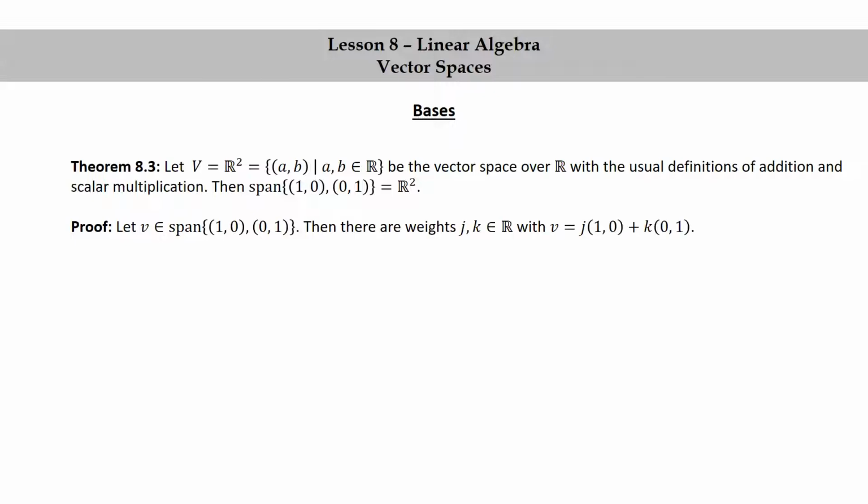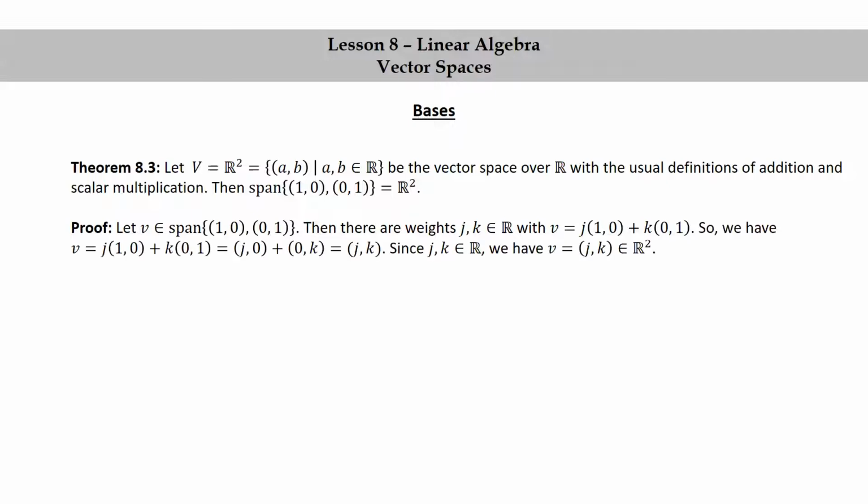Then there are weights j and k with v equal to j times (1, 0) plus k times (0, 1), which by the definition of scalar multiplication is (j, 0) plus (0, k), which by the definition of addition is equal to (j, k). Since j and k are real numbers, we have that v equals the vector (j, k) is in R2. Since v in the span was arbitrary, we see that the span of (1, 0), (0, 1) is a subset of R2.